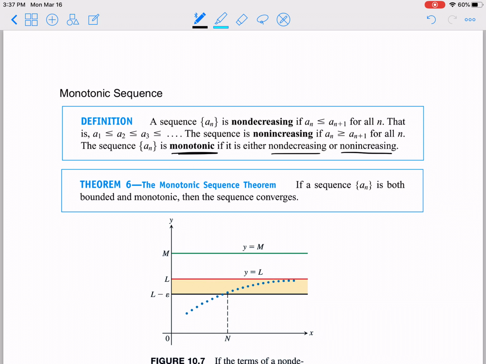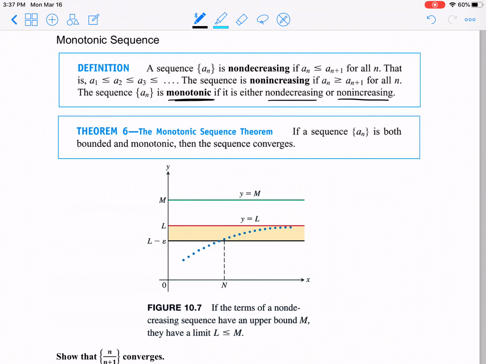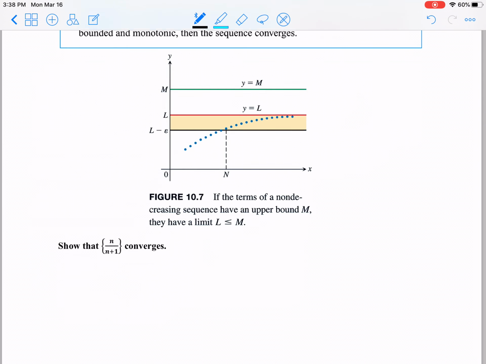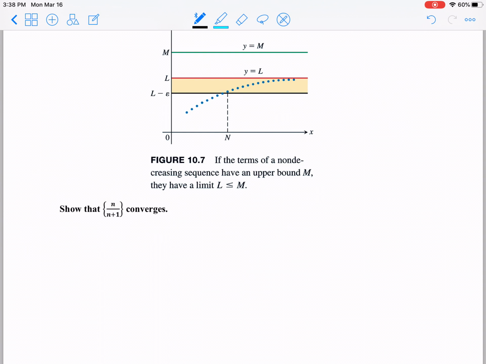So if it's non-decreasing or non-increasing, and it is bounded, then we know that it will converge. So that's the basic idea here. If you're looking at that picture, we're getting bounded, and it's also not cutting back down, so it's going to converge.